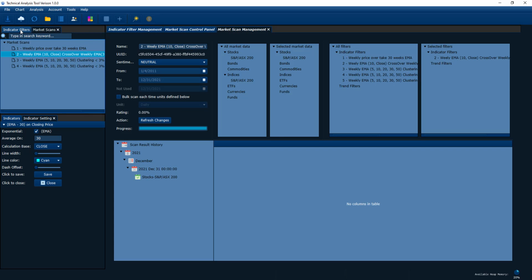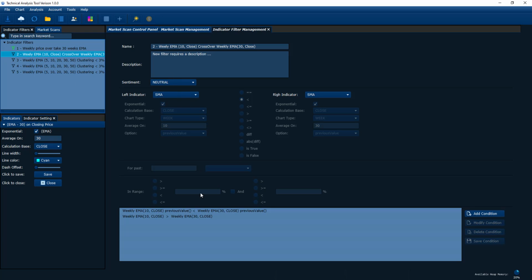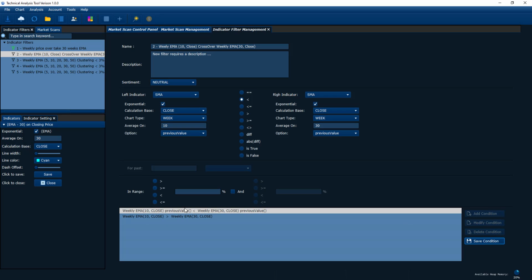All right, the second one is where we're using this pair. Let's take a look at what we're doing here. The first condition we used is the previous week's 10 weeks EMA value.